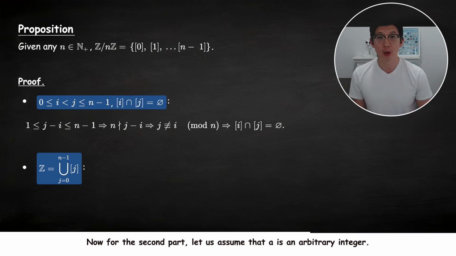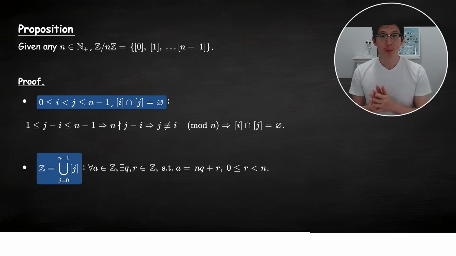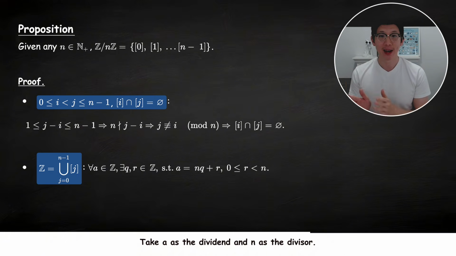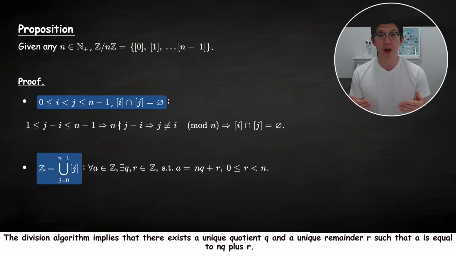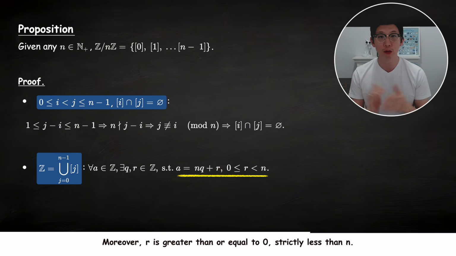Now, for the second part, let us assume that a is an arbitrary integer. Take a as the dividend and n as the divisor. The division algorithm implies that there exists a unique quotient q and a unique remainder r, such that a is equal to nq plus r. Moreover, r is greater than or equal to 0, strictly less than n.